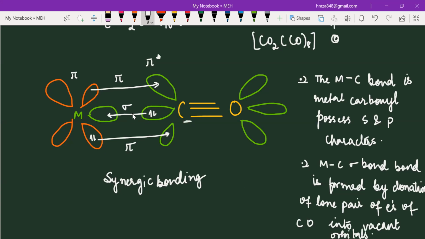That means this will donate to the central metal atom, and it will form a sigma bond. Please do write these 2 points.